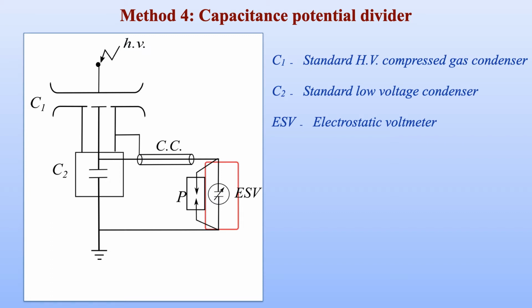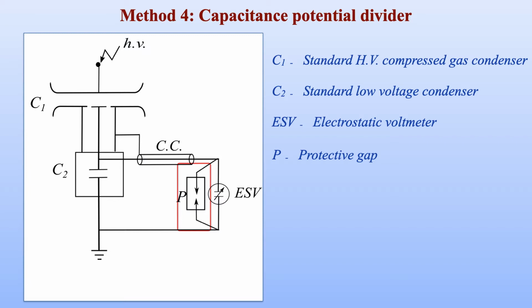For protecting this electrostatic voltmeter, there is a protective device connected across it, maybe a point gap or a spark gap with suitable voltage adjustment, in case there is a flashover across any one of the capacitors, C1 especially, or C2.